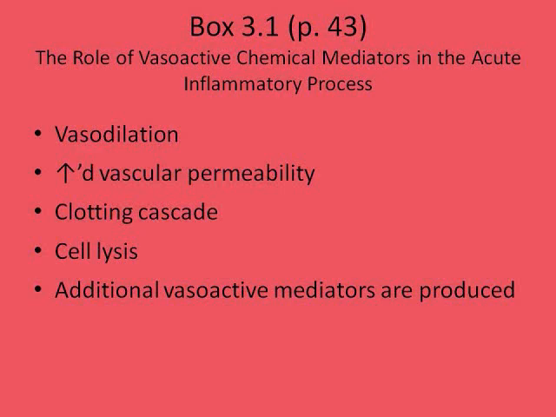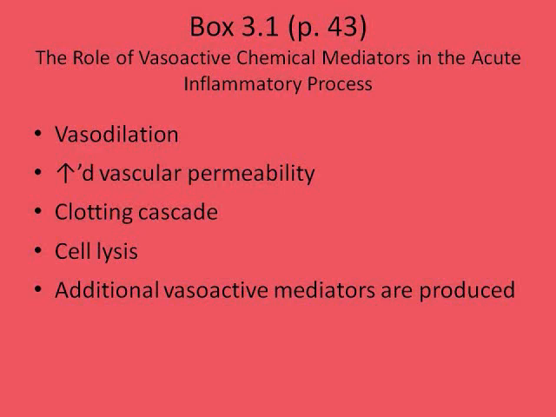After tissue injury, vasoactive chemical mediators bind to receptors on endothelial cells and vasodilate, or widen, the blood vessel to allow an increased blood flow to the site. It's injured. We need the blood to get there as fast as possible to help heal. So there's a vasodilation.